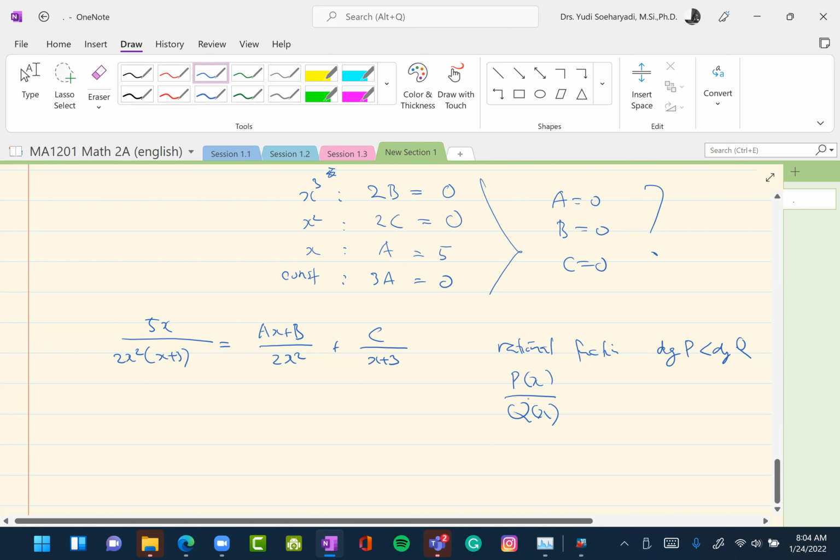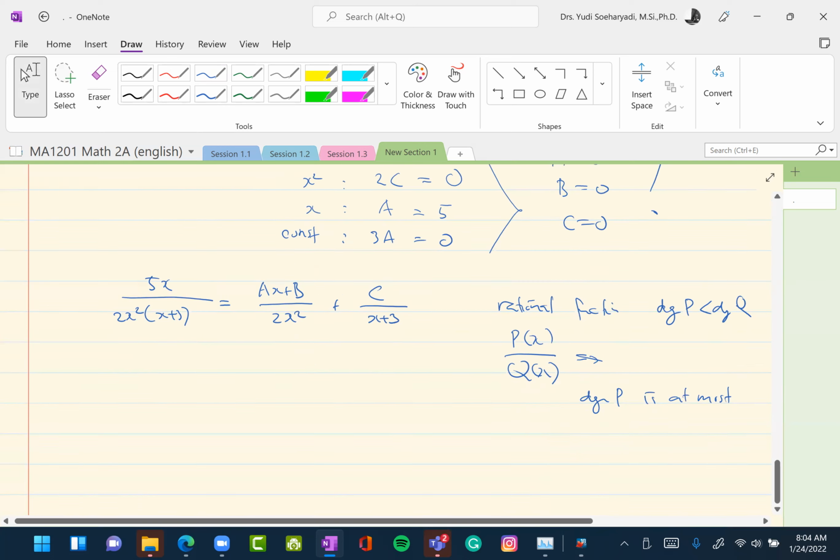So you get a polynomial plus a remainder over q. I think I mentioned that last time. So if you have degree of p at most degree of q minus 1, less than degree of q, the denominator.